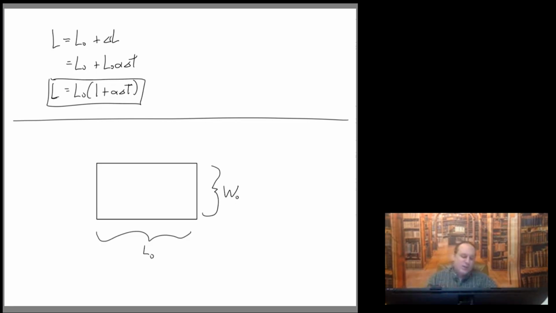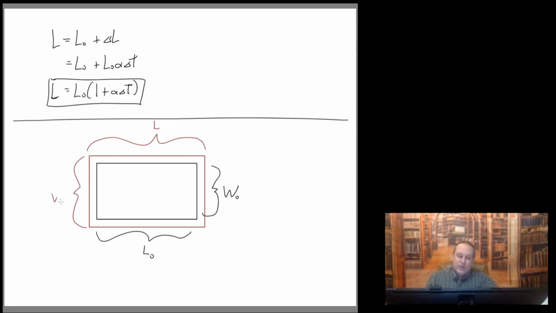And then we want to maybe heat it up. And when we heat it up, it's going to expand. And we're going to get a new length and a new width. And we want to see how does the area expansion work.